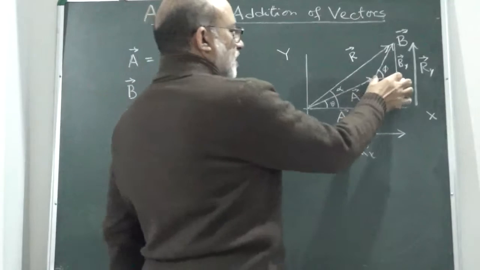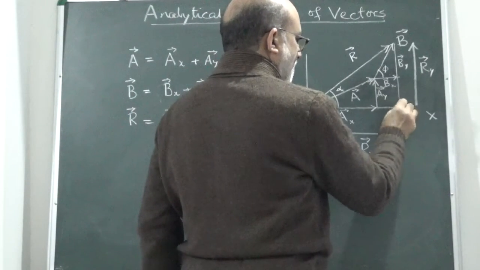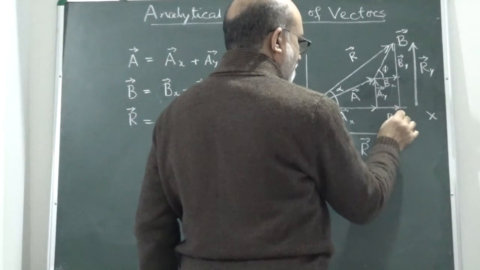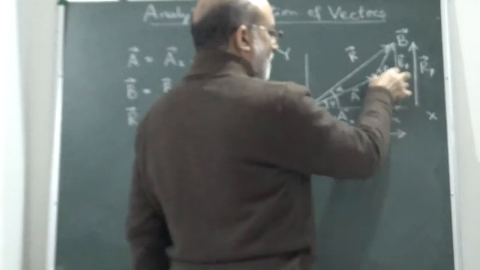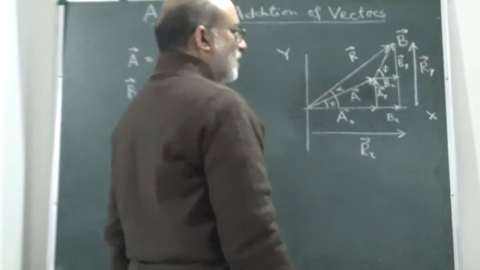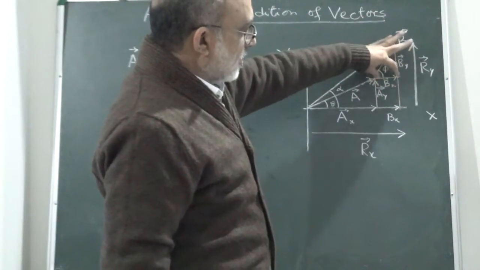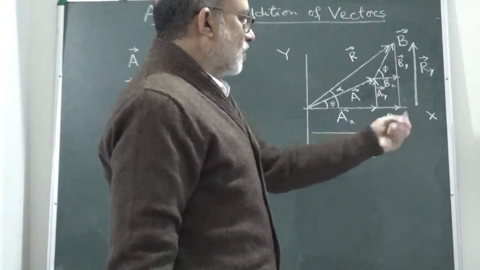Now this is parallel, so if this is Bx, this length will also be equal to Bx, because these are parallel vectors and we know that parallel vectors of same magnitudes are equal. So this line is parallel to this, with the same magnitude. If this is Bx, this is also Bx.